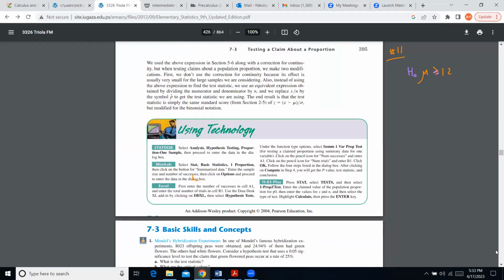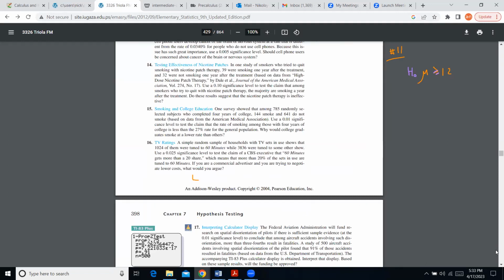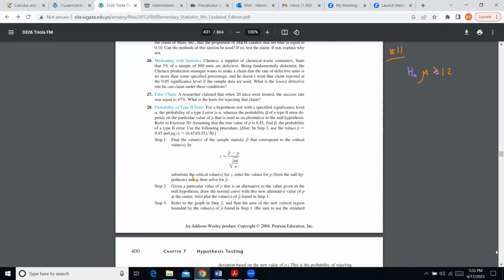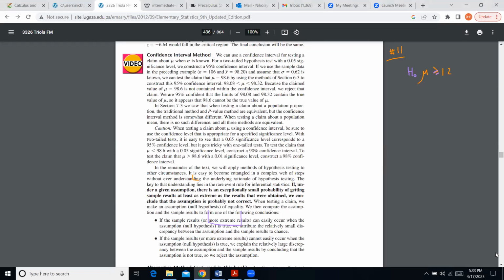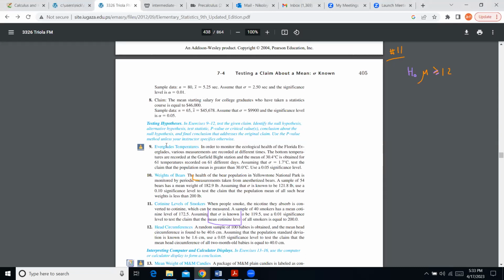I think that 7.4 is somewhat familiar because it deals with z-scores for the mean, and that's our old favorite little formula that we used so much, right? So let me grab the exercise and do it. I'm going to the section and then see how we can set up various hypotheses. Let's start with exercise number 9 that talks about Everglades temperatures.